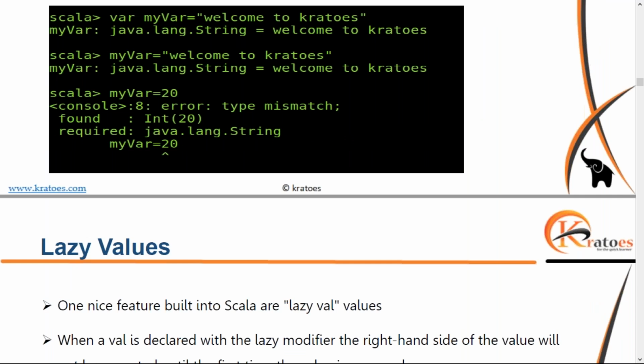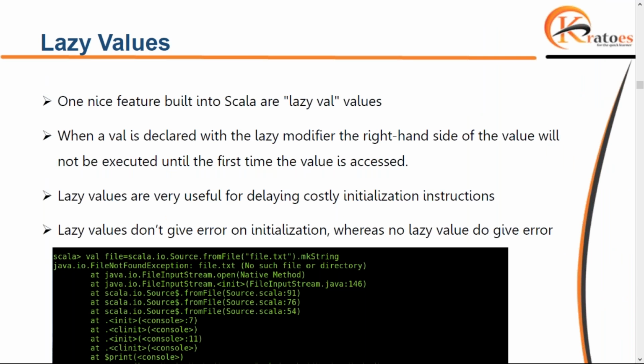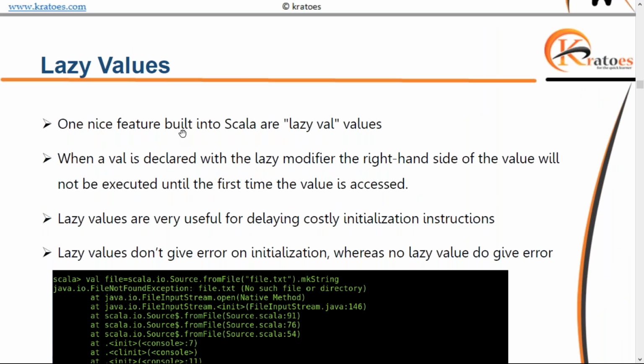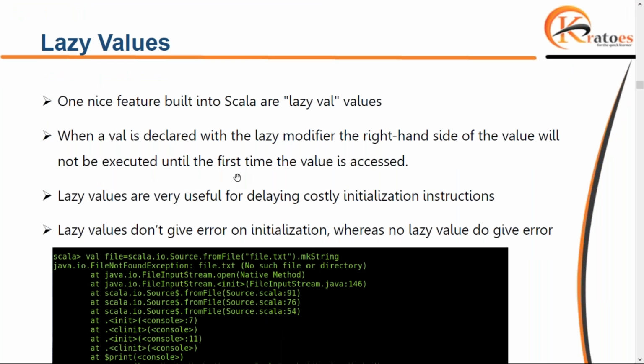So lazy val, I have already showed you what lazy is using that example. One nice feature built into Scala is lazy val values. When a val is declared with the lazy modifier, the right hand side of the value will not be executed. So basically the declaration happens with the variable and the type, but whatever is on the right side of the equals sign doesn't get evaluated until the value is accessed for the first time.